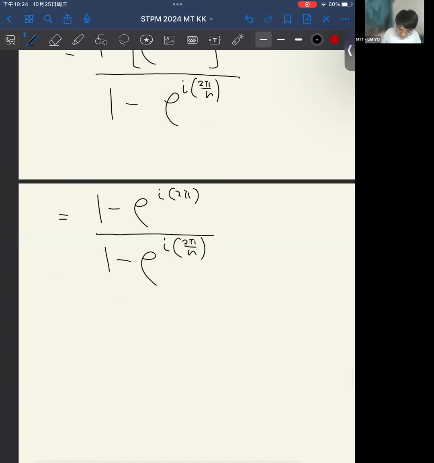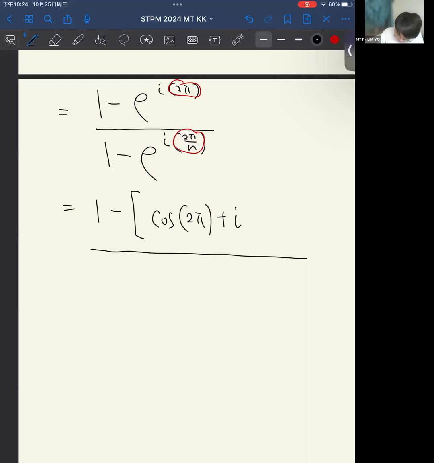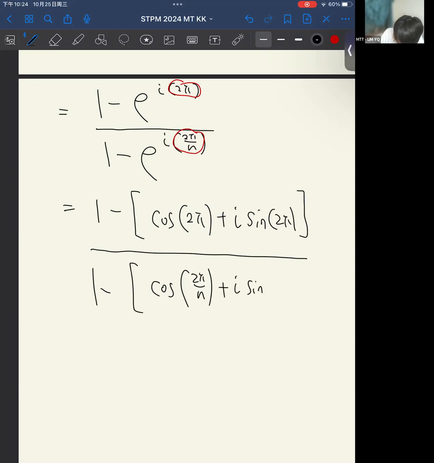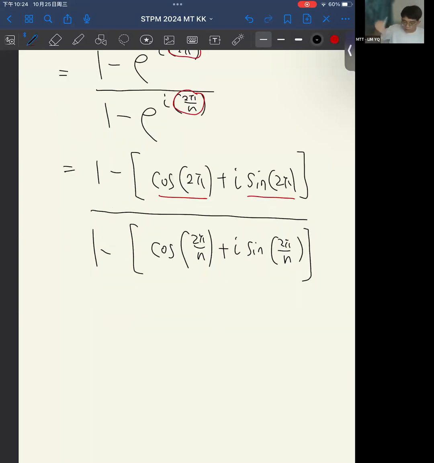Now use Euler's formula, substitute theta as this one, and express these two things back in polar form. Cos 2 pi plus i sine 2 pi. 1 minus, this one also the same, cos 2 pi over n plus i sine 2 pi over n. So you give it all the values. These two are very easy, right? 2 pi means turning one round back to here.